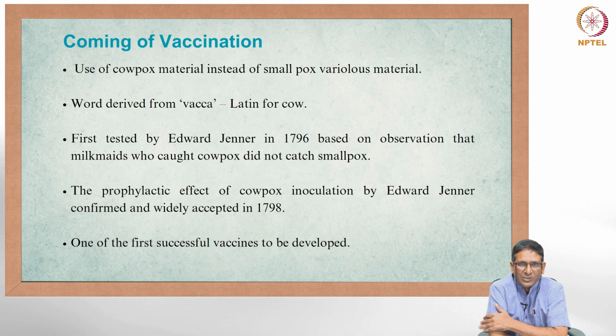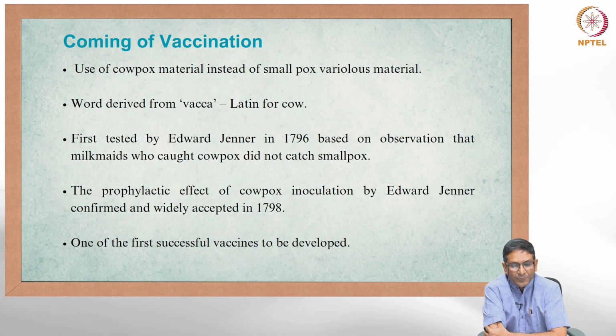So which of course, as you could guess, was even less dangerous, more attenuated. And the word vaccine itself comes from the word related to cow. So it is vacca, the Latin word for cow.